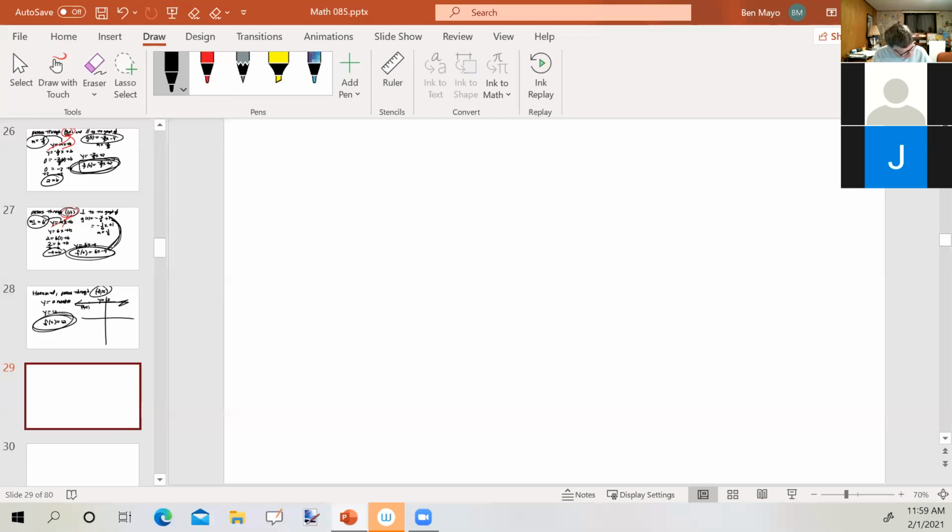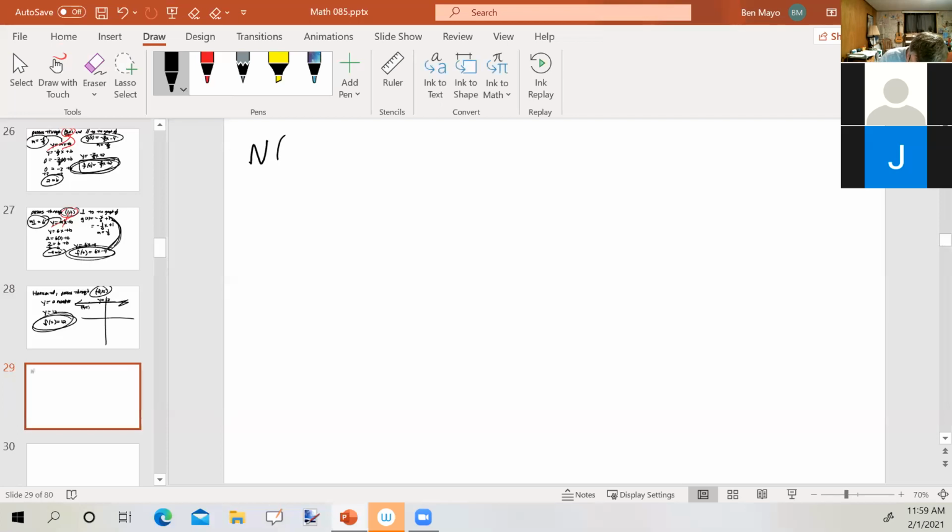But anyway, it says let T be the number of years after 2000 and N be the number of full-time registered nurses needed in the US. Write a linear function N of T to model the demand for nurses.